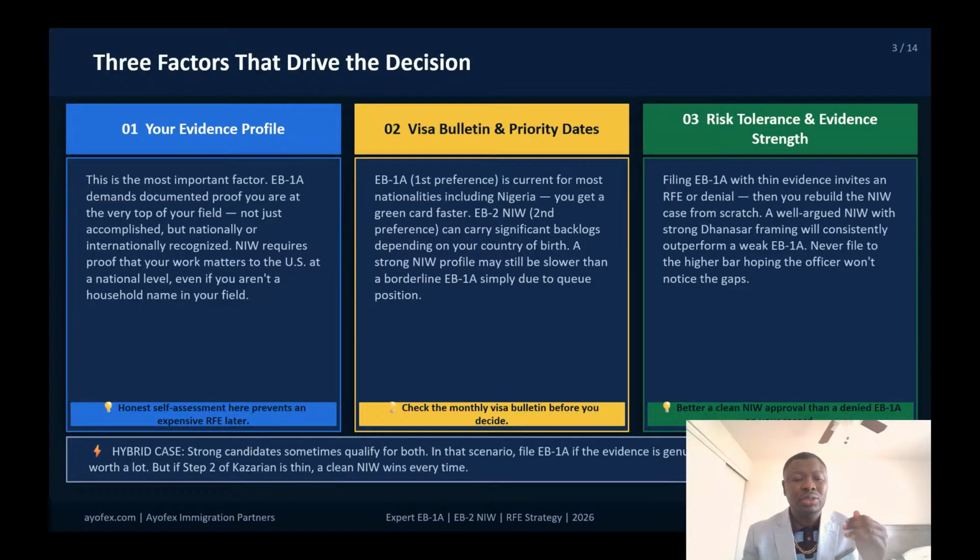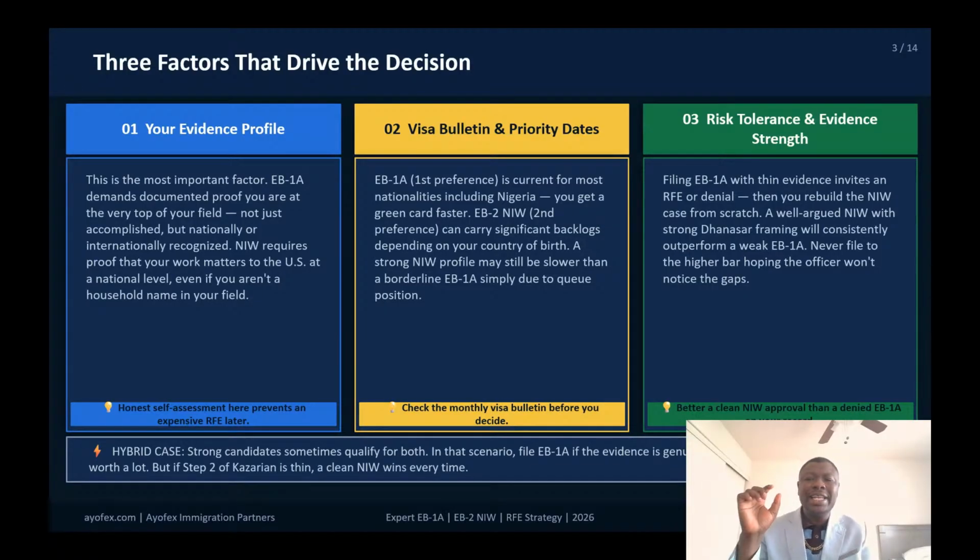So if you are trying to decide whether you need to go for EB-1 or EB-2, the three factors that need to determine your decision are: number one, your profile, the evidence in your profile; number two, the visa bulletin and the priority date; and number three, your risk tolerance and your evidence strength.